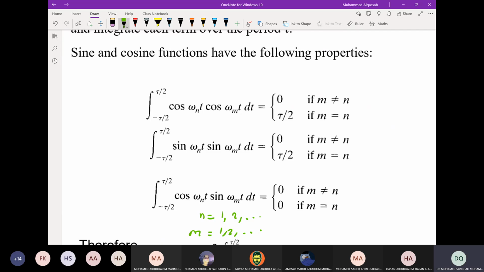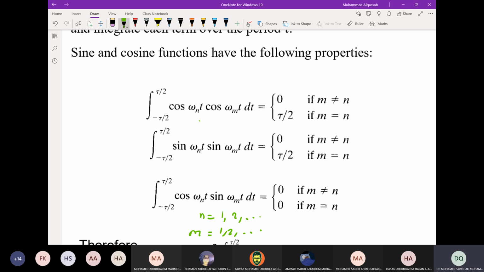Cosine omega n t multiplied by cosine omega m t, when n and m are equal, becomes cosine squared, and the integration of cosine squared is not 0. But when n and m are not equal, the integration of such functions will be 0.